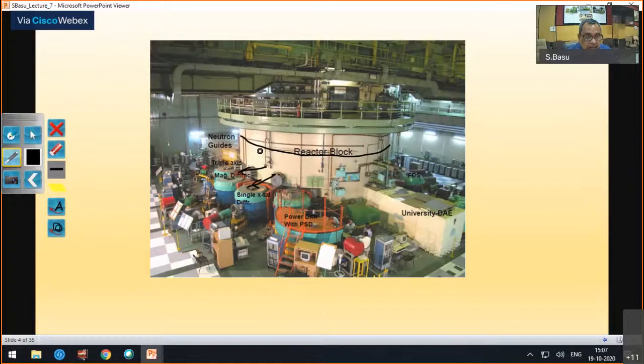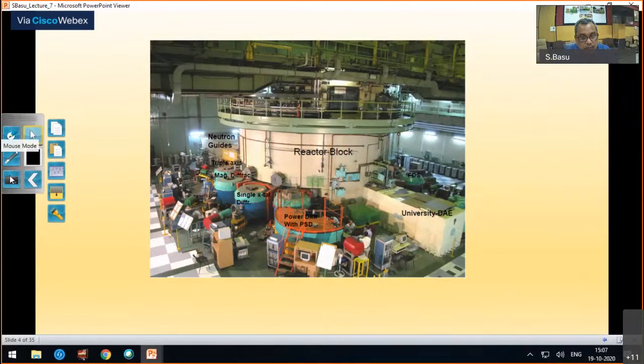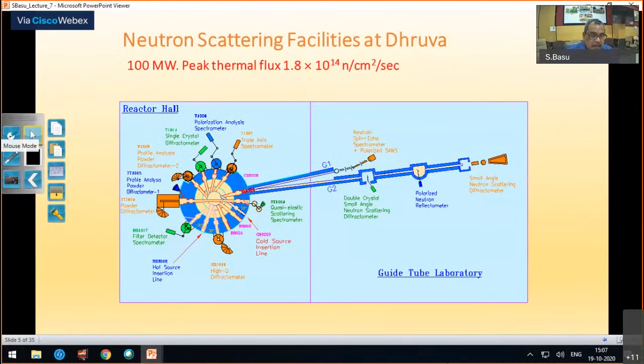When we say beams, and also there is a neutron guide. All these I'll take in a little bit more detail, and the kind of experiments that you can do using these instruments. So instead of showing you photographs, it makes sense if I show you the schematic of the reactor.